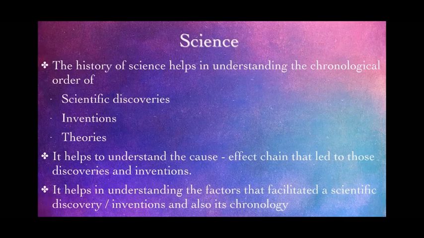Science. The history of science helps in understanding the chronological order of scientific discoveries, inventions, and theories. It helps to understand the cause-effect chain that led to those discoveries and inventions. It helps in understanding the factors that facilitated a scientific discovery or invention, and also its chronology.